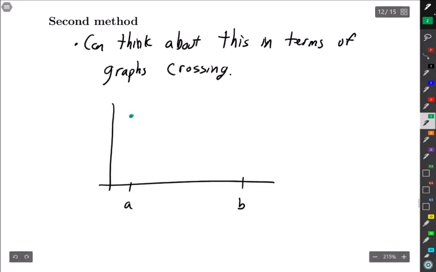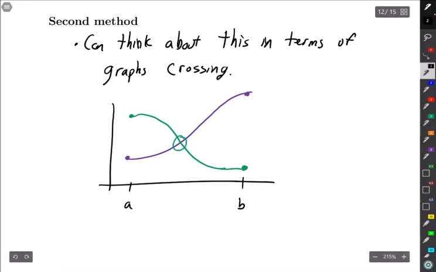So if one graph starts up here, ends up down here, and the other one starts down here and ends up here, there is no way I can draw a green line from green to green and a purple line from purple to purple without them crossing. Try as I may, assuming they're both continuous and they're functions, they're going to have to cross somewhere.